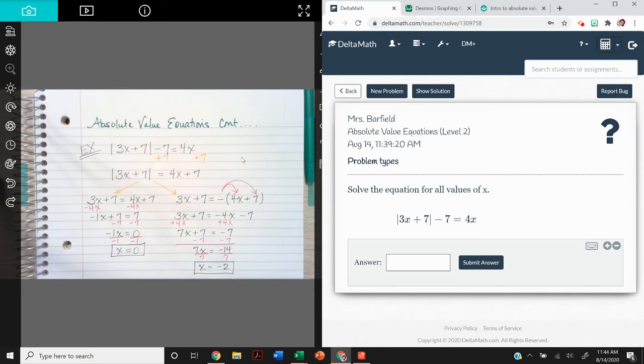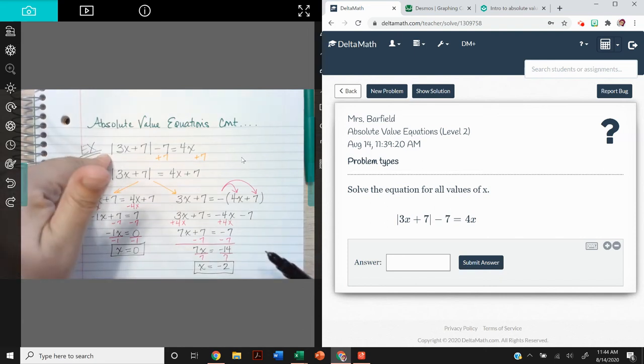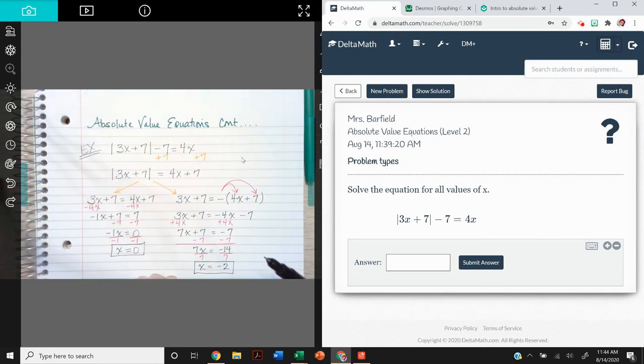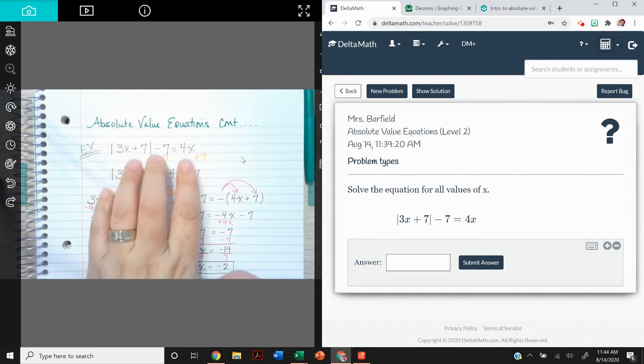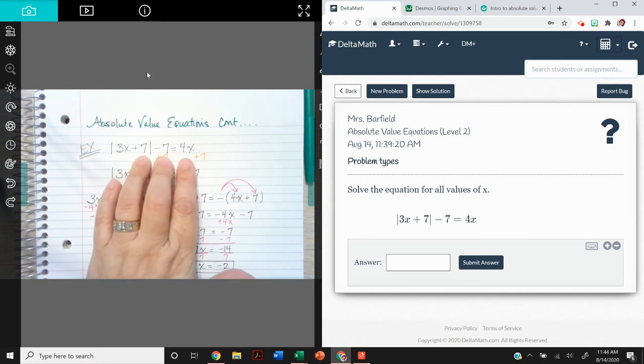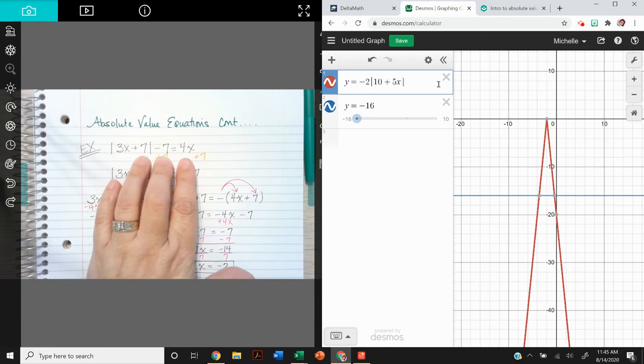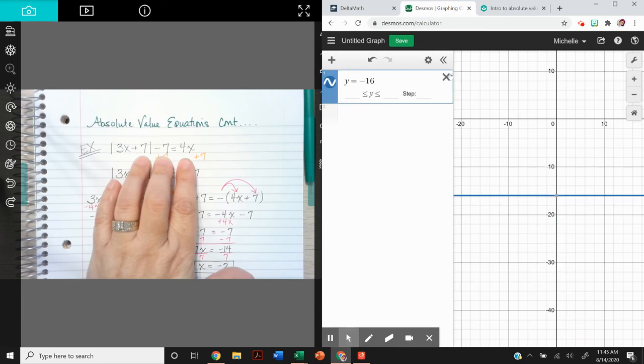Now, if I was being a completely solid mathematician, I would take these two answers and plug them back in. But we've also got Desmos. So let's slide over here to Desmos. Let's delete out what I typed in last time.